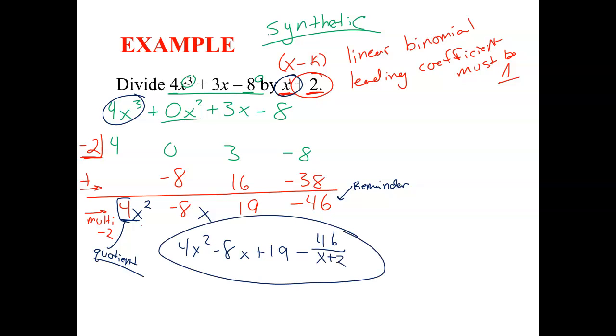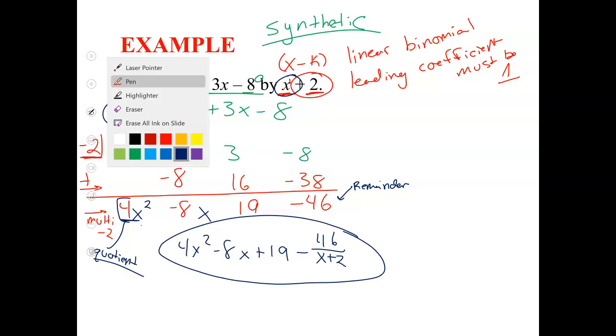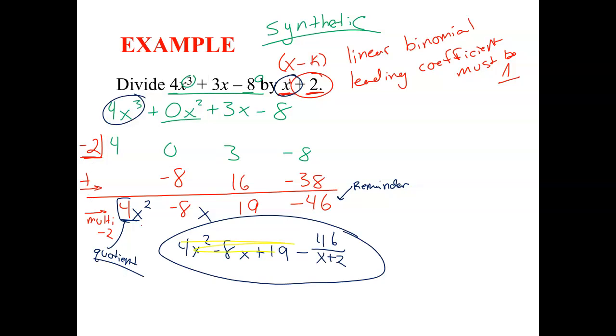So you have your quotient plus or minus the remainder over the divisor. Quotient. Remainder. And divisor.